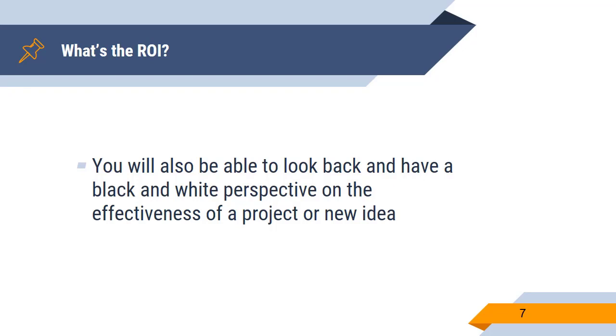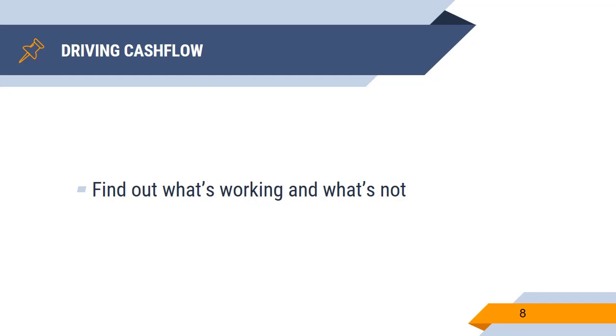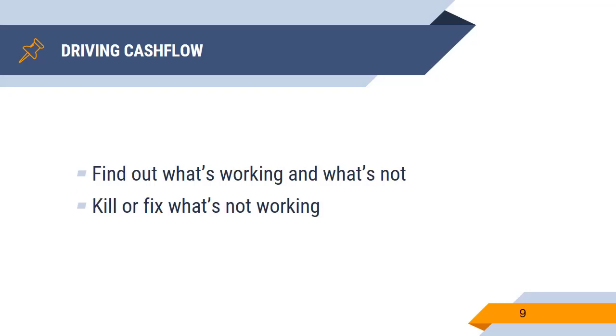You can also have a black and white perspective on whether or not something worked. No more anecdotal evidence on whether something worked or not. If you do a marketing campaign, it's not a discussion, it's really a black and white thing. Did it produce what we wanted it to produce or not? That's the key to driving cash flow: looking at what is working and what is not working. And then when you see that, you kill what's not working. Too many businesses have a lot of things going on that are not generating excess cash flow, that are not generating a return on their investment.